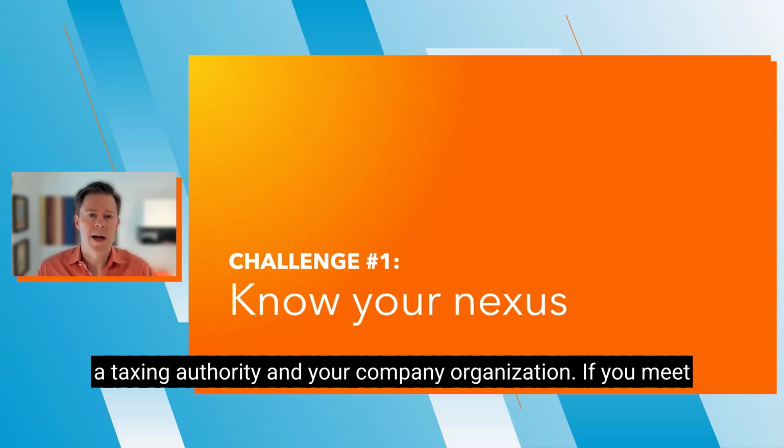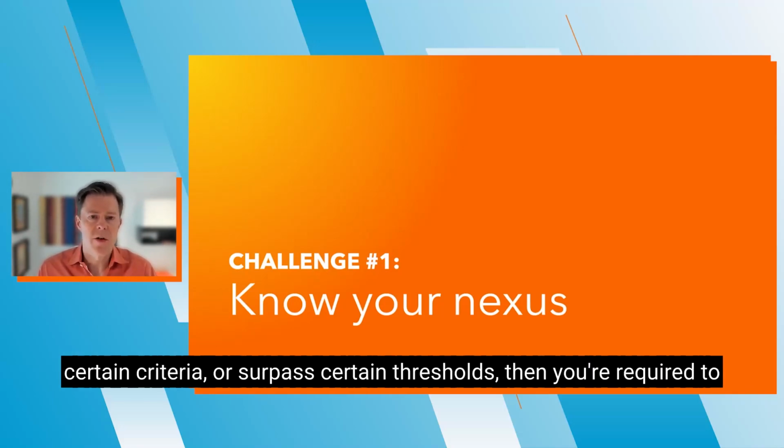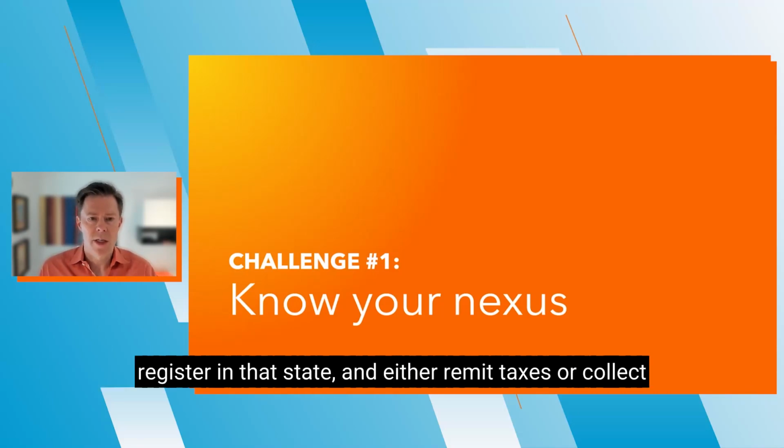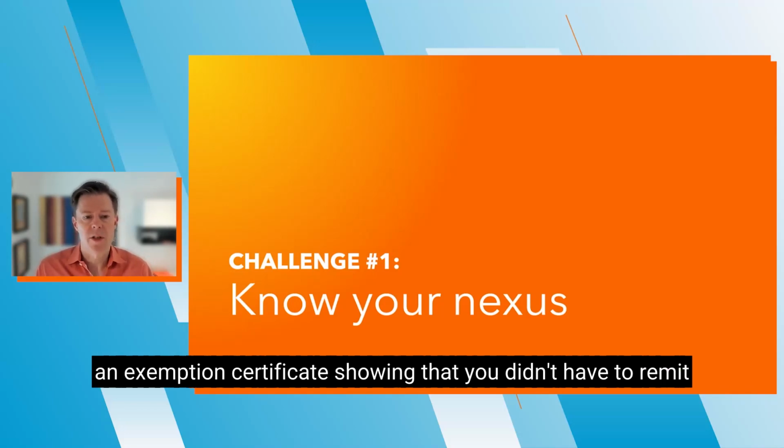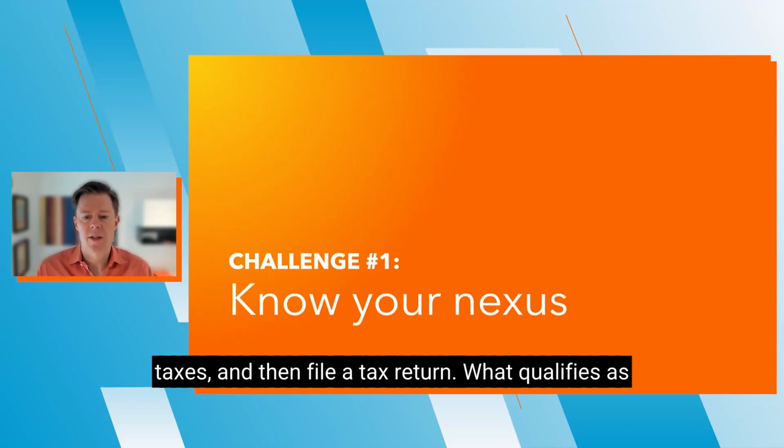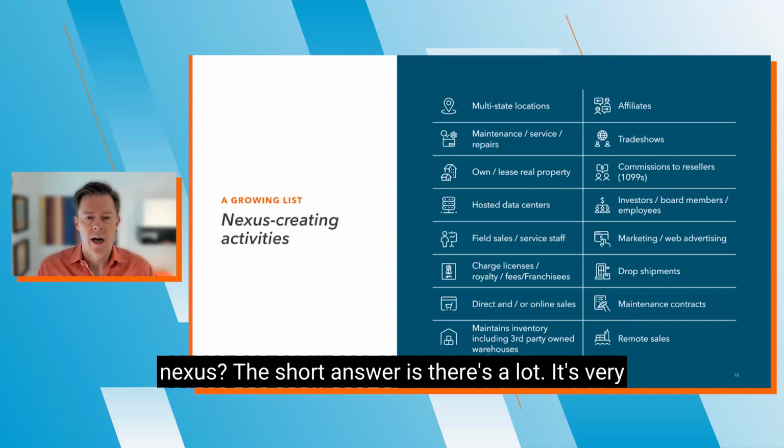And if you meet certain criteria or surpass certain thresholds, then you're required to register in that state and either remit taxes or collect an exemption certificate showing that you didn't have to remit taxes and then file a tax return.